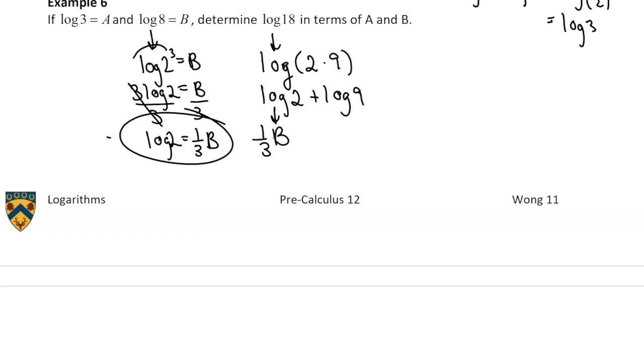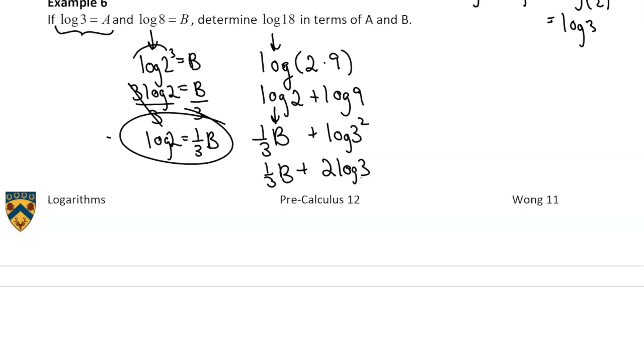For log 9, well, what could we do with something like that? If log 3 is equal to a, then couldn't we say that log 9 is the same as saying log 3 squared? And if that's the case, then it would be the same as saying 2 log 3.